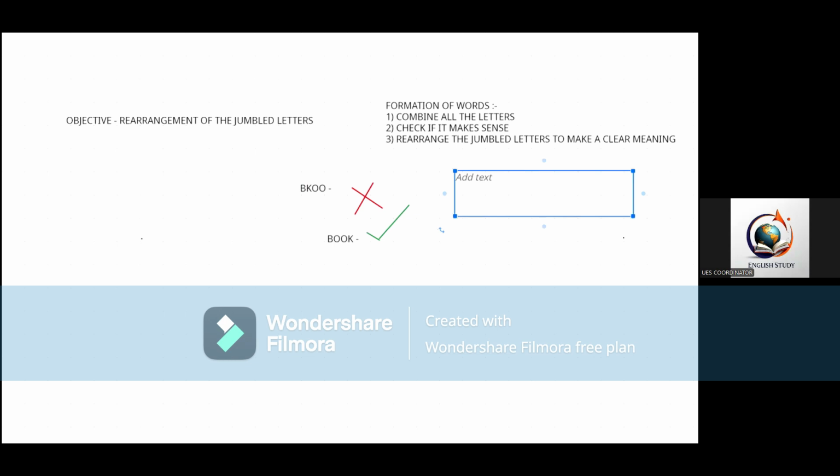Yeah, obviously you will rearrange the jumbled words to make a clear meaning. Now, let us see what is the fundamental property.